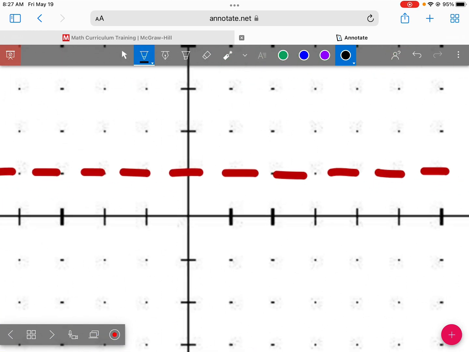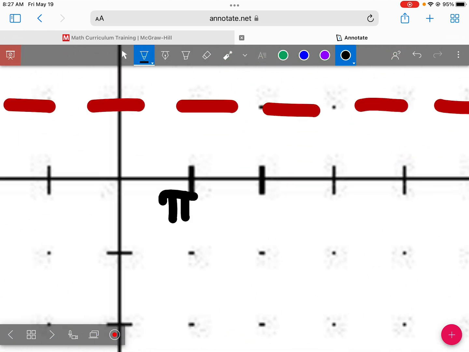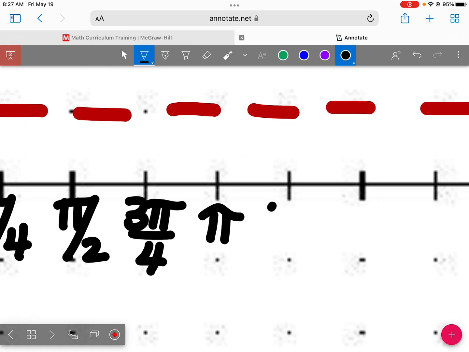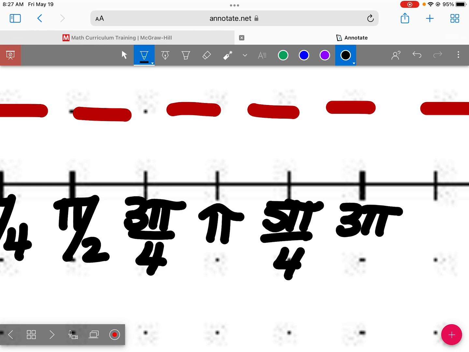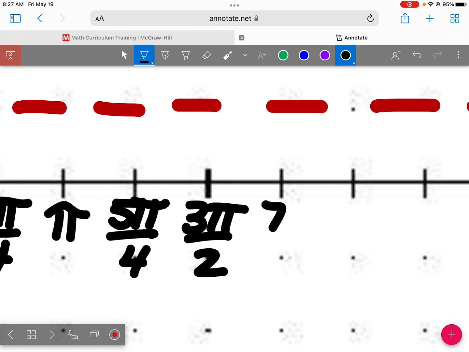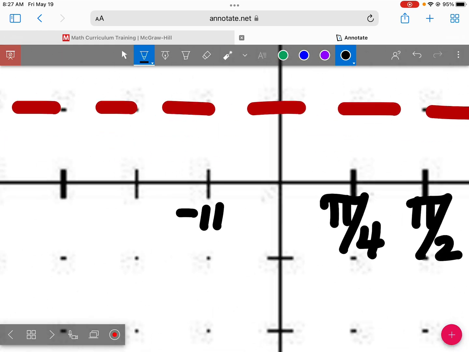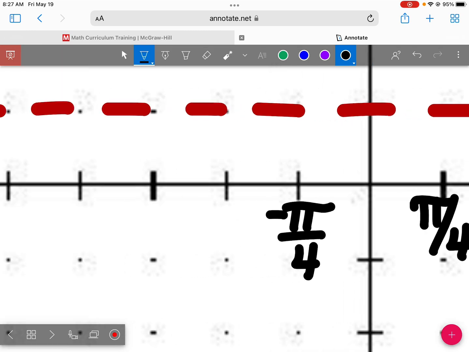So count by pi over 4's. So pi over 4, pi over 2, 3 pi over 4, pi, 5 pi over 4, 3 pi over 2, 7 pi over 4, 2 pi. I'm going to go backwards just far enough to see where my left endpoint is.